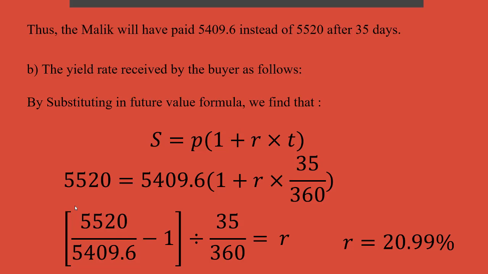Now we need to calculate the yield rate, the yield rate that he received. We can get it by using the formula S equals P times 1 plus RT.